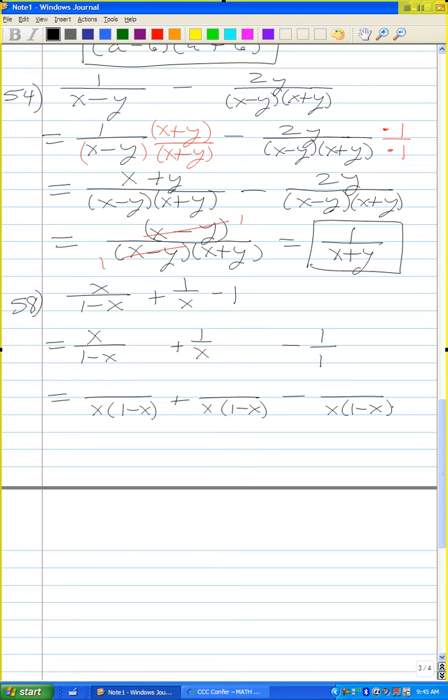Let me multiply and divide by x, 1 minus x. x times 1 minus x is just the same as x squared minus x.